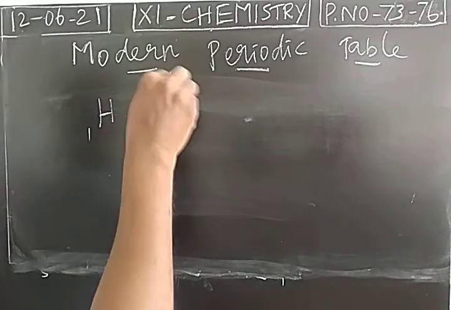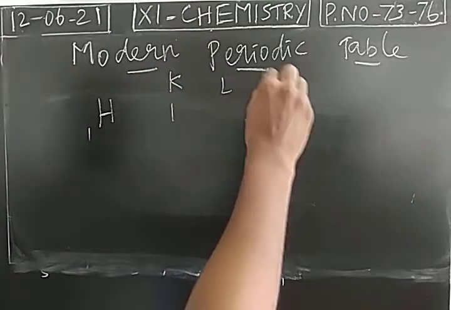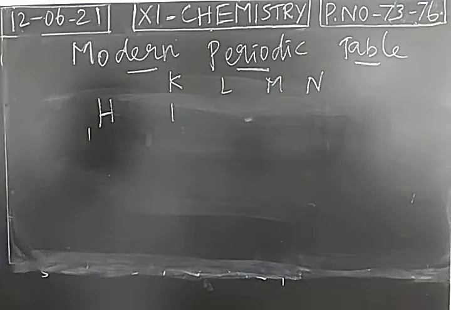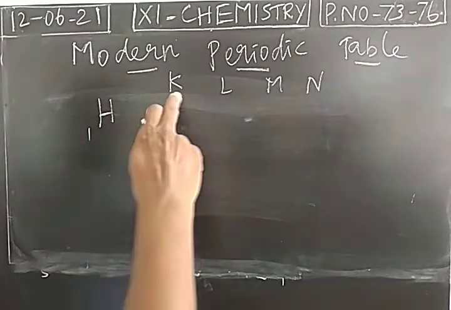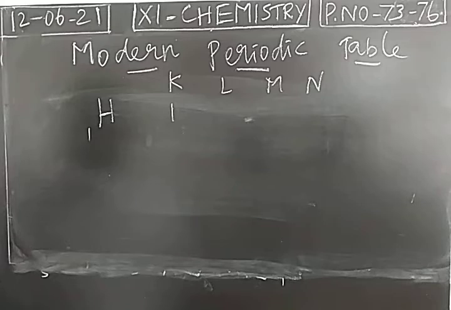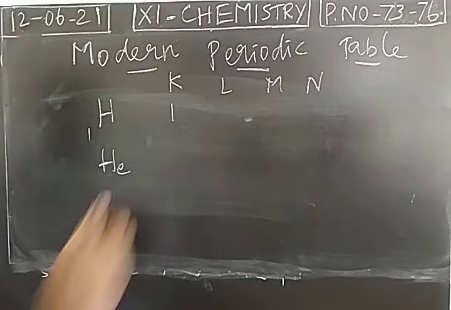We know the shells: K shell, L shell, M shell, N shell. Outside the nucleus, we have the orbits or shells or energy levels. We can write the letters K, L, M, N to denote the shells, or we can say first shell, second shell, third shell, fourth shell and so on. So in lower classes, you studied electronic configuration like this.